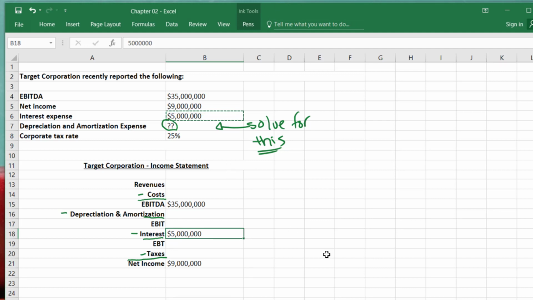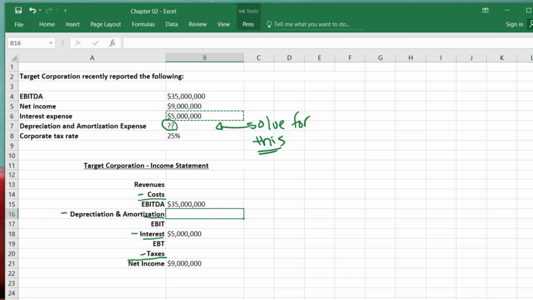Okay, so what we've got to figure out next is this depreciation and amortization number. It doesn't seem like we have that much information to go by, so we have to do a little bit of detective work to figure out how we're going to get there. One way is to make use of the formulas we know that go with this income statement.